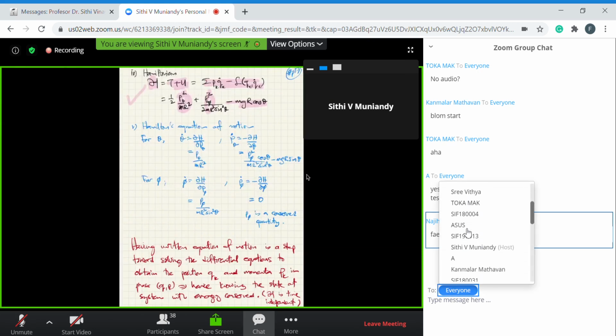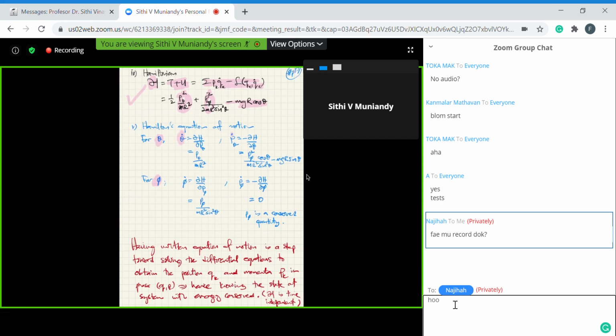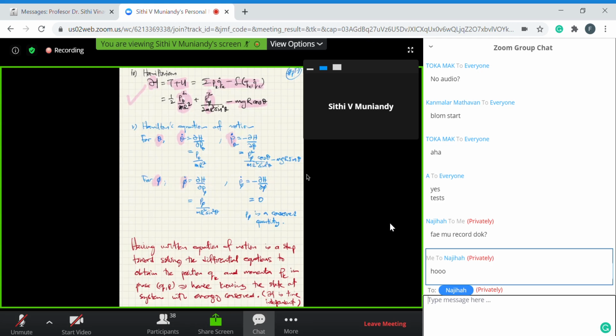So now you have your Hamiltonian. Once you get the Hamiltonian, you go for the equations of motion for the two variables, the two angular positions, and they each have a pair: theta dot and p dot, the position and the momentum for each.